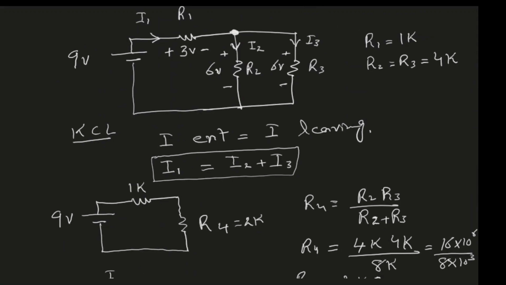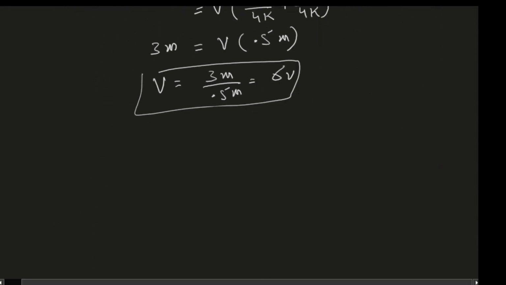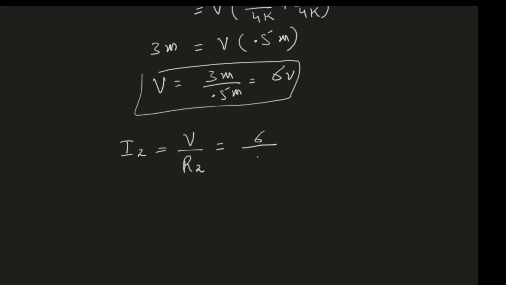So we got 6 volts across the two resistors. Now that we know the voltage across the two resistors, I can calculate I2, which will be equal to the voltage across the resistor divided by the resistor value, which is 6 volt divided by 4 kilo. So that is 3 divided by 2 kilo, which is 1.5 milliampere. Similarly, I3 will be the same value because both the resistors are equal.